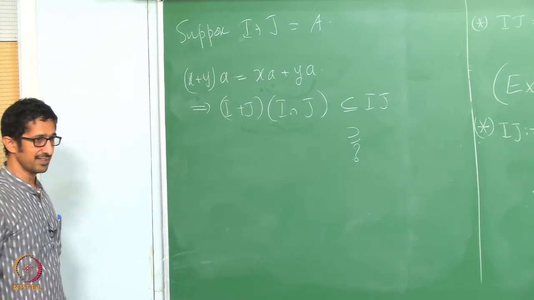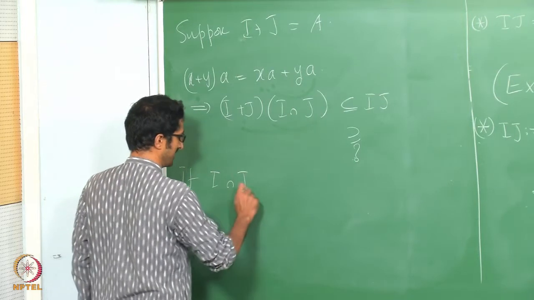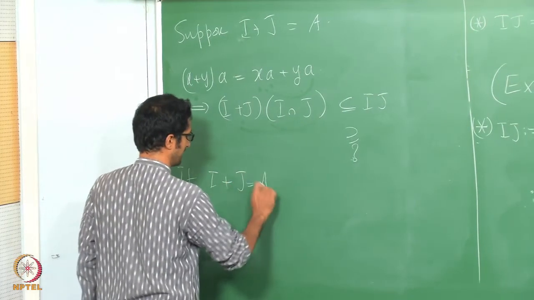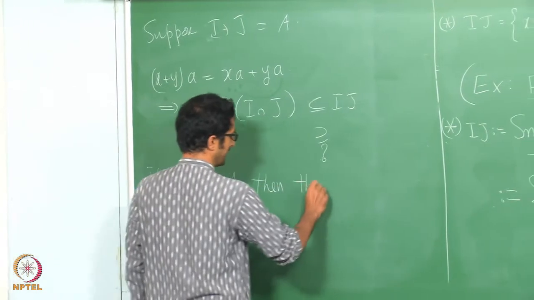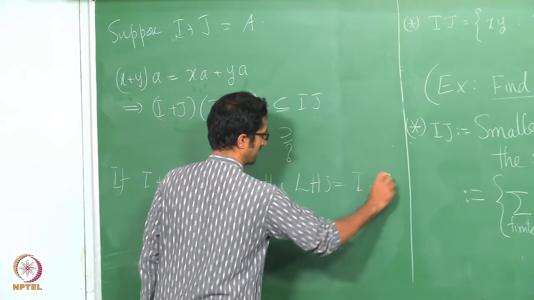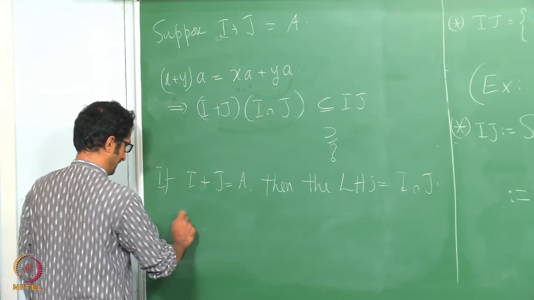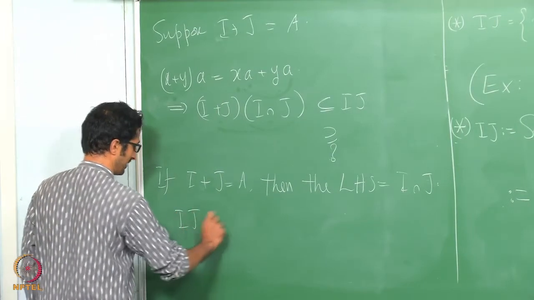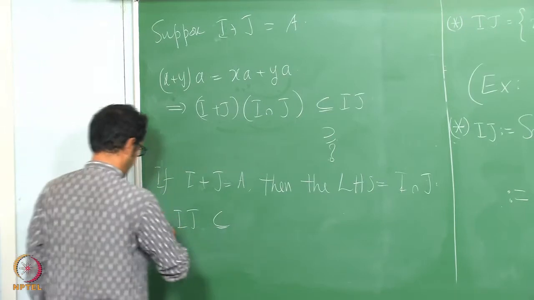Is that clear? So if I plus J is the whole ring, then the left hand side is equal to I intersection J. But at the same time, IJ is, this is always true, that is what we saw just now.